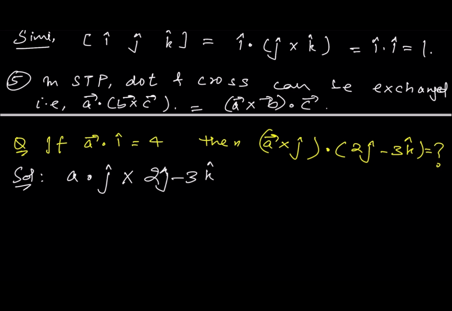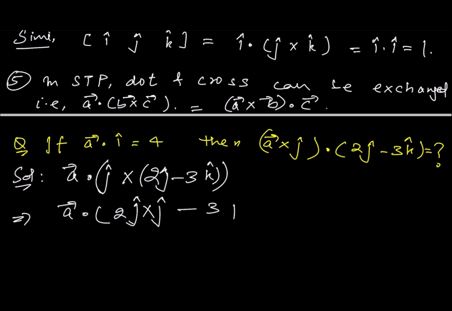Okay, so this bracket will also be changed. So now A dot J, 2J cross J minus 3 J cross K. J cross J is 0.